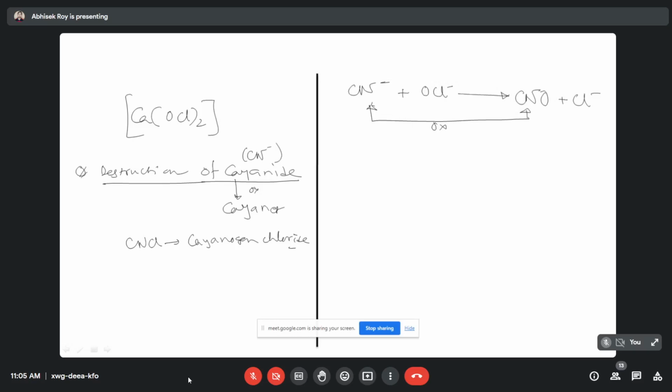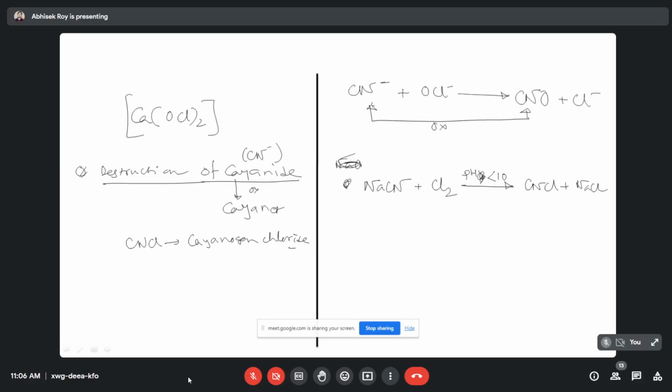Now, if NaCN is present, CN can be of different compounds, either NaCN or any other CN. If NaCN is present and you are using chlorine, then CNCl can generate, plus NaCl, if the pH is less than 10. If the pH is greater than 10, this will not happen.